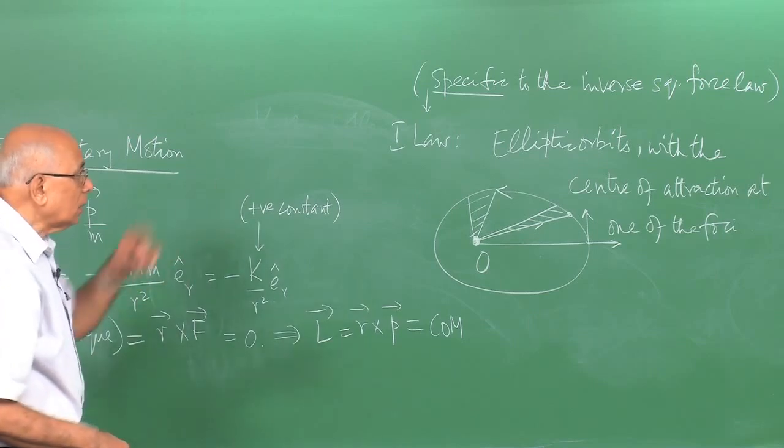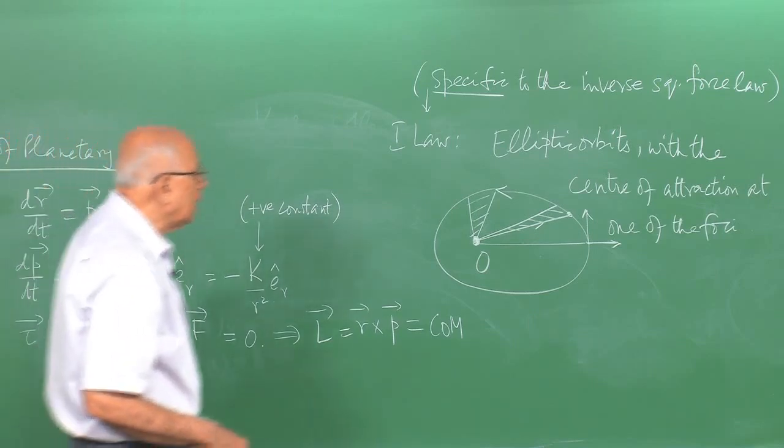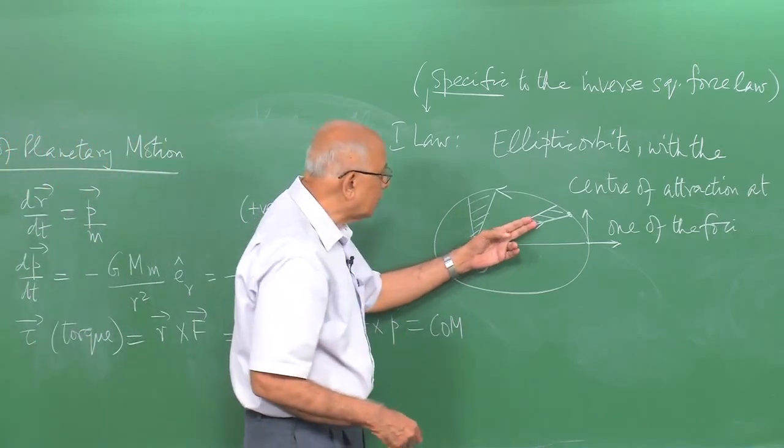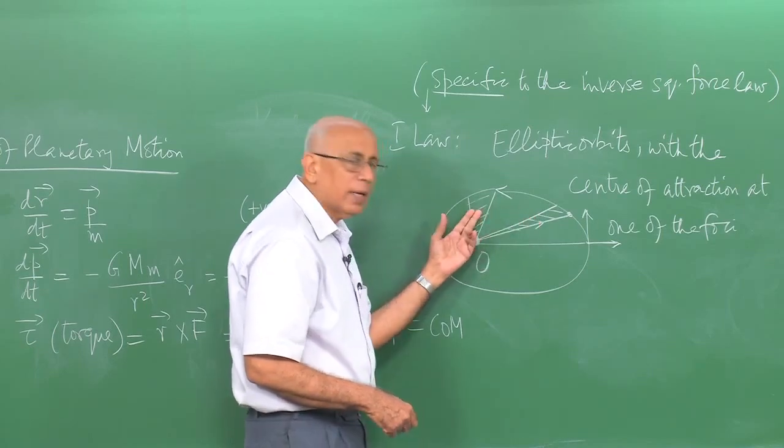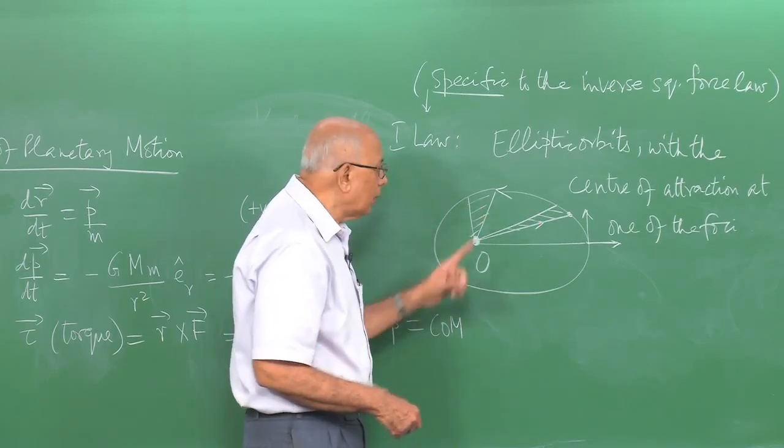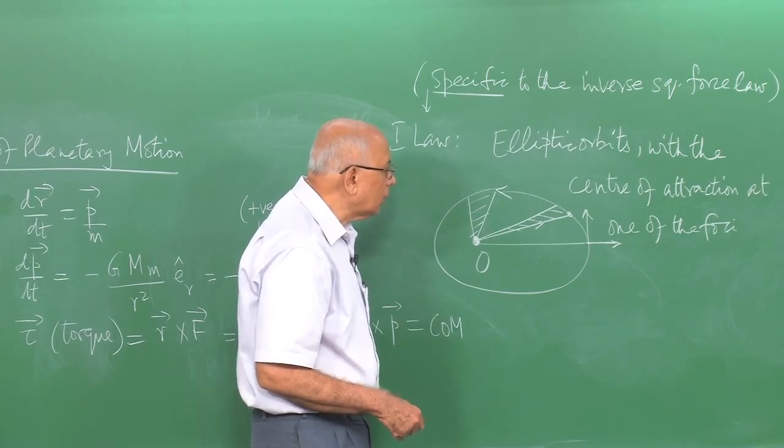Now the second law says something further. It says equal areal velocities. It says that this little triangle and this triangle have exactly the same area. But what is the actual area of this triangle?